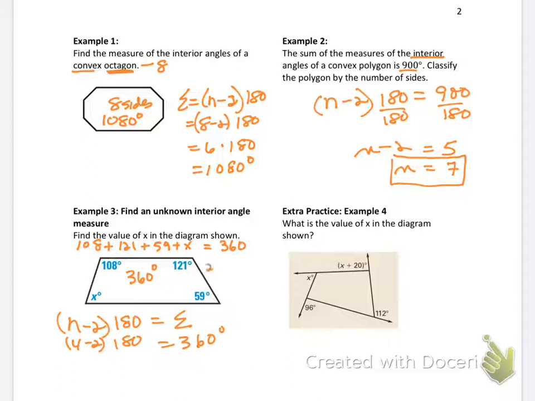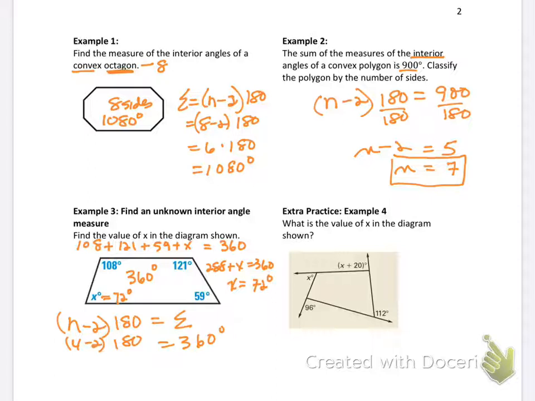So if I say 288 plus x equals 360, I'm going to find that x is going to be 72 degrees. So I need that angle to be 72 degrees to satisfy the sum of the angles inside this convex polygon.